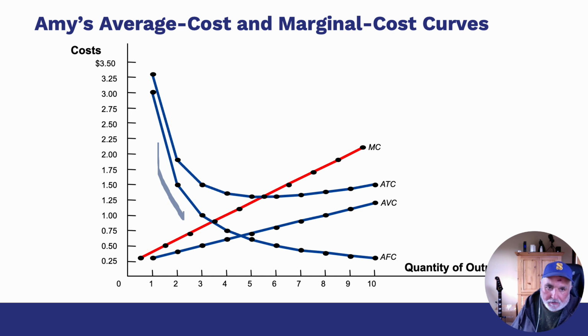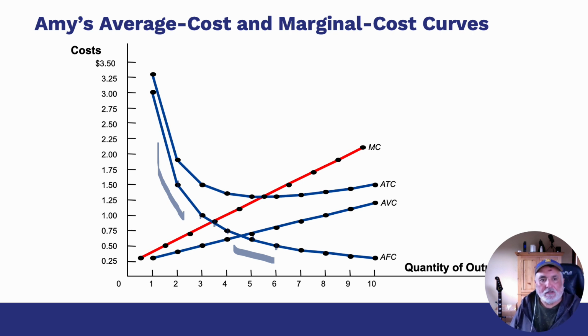So this is $3 divided by 1, divided by 2, divided by 3, divided by 4, divided by 5, divided by 6. And this curve continues to fall forever. The more production you have, the lower incrementally the average fixed cost will be.